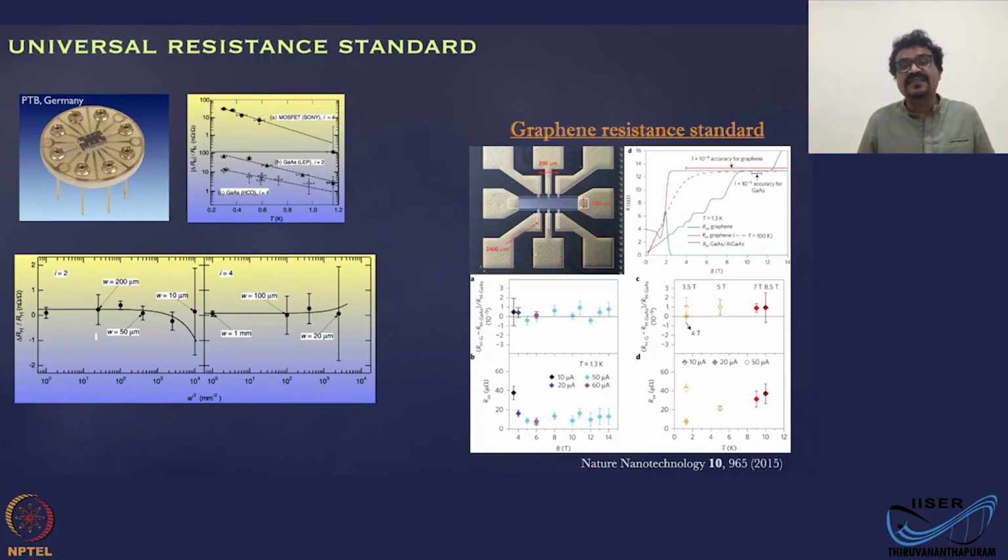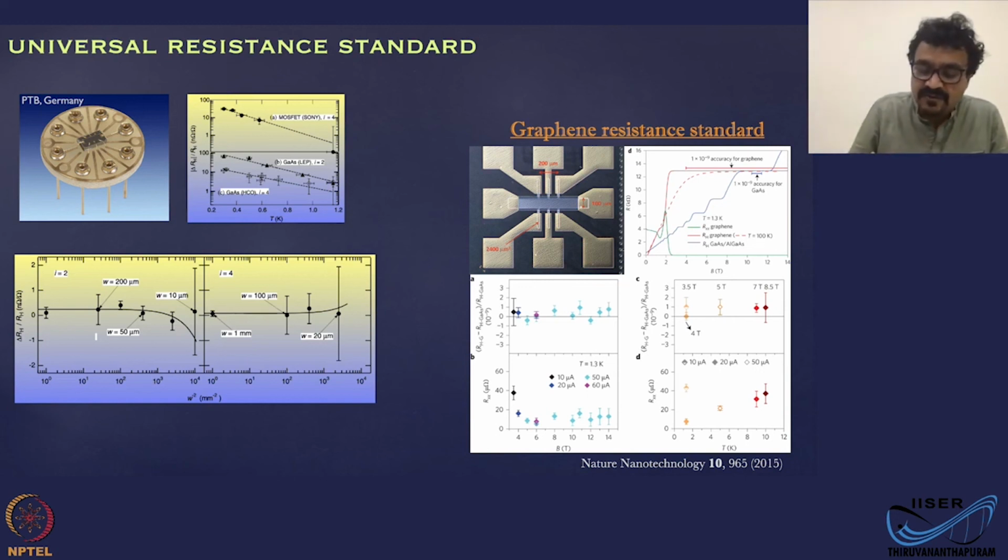As long as certain energy scales are met, you will see this effect. This was initially proposed, and now it has been widely accepted and followed as a universal resistance standard in quantum electrical metrology.